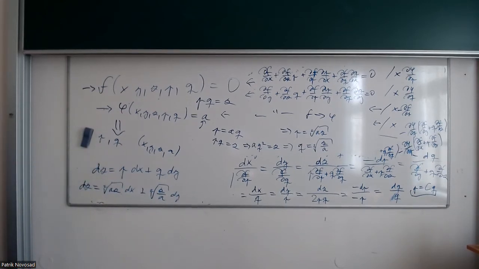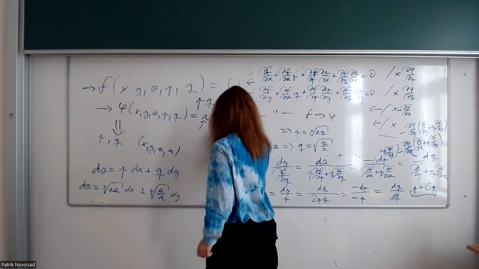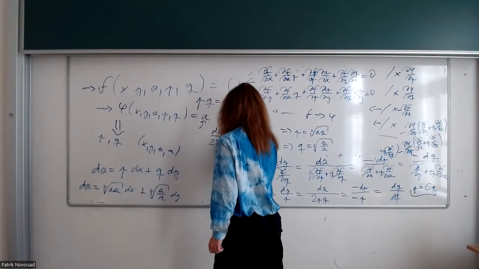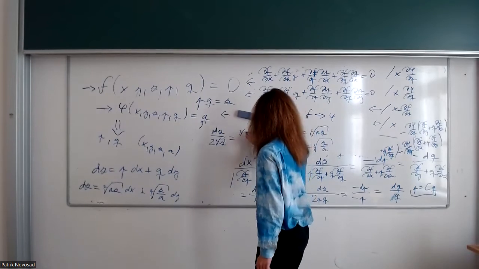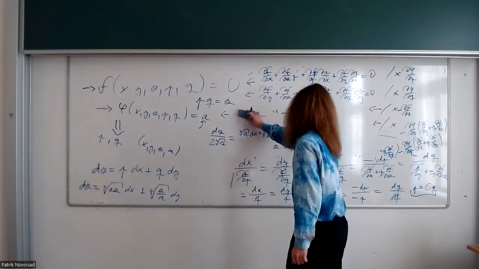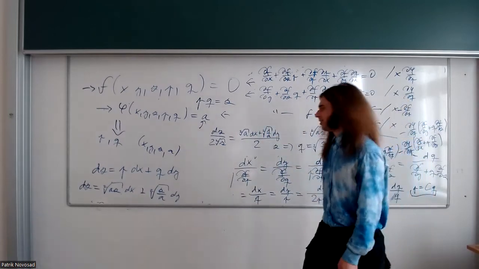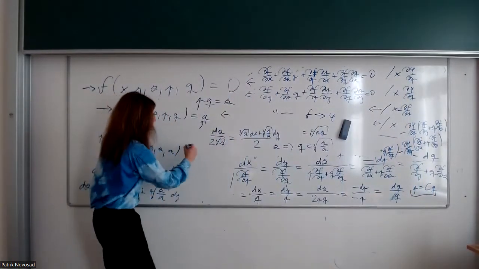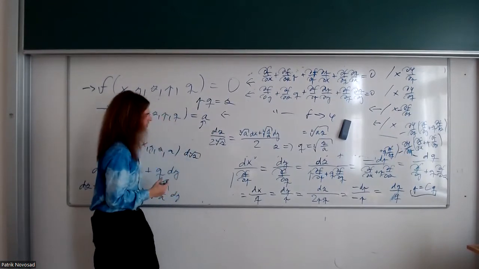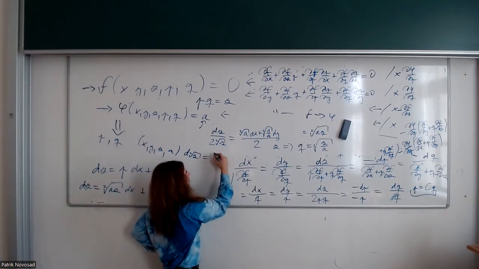And that's not really hard to integrate because we can divide the whole equation by 2 square roots of z. And that gives dz over 2 square root of z equals such a very simple thing. And if I write it in such a way, then of course this is the differential of the square root of z, and since a is a constant, we can just write it like this.